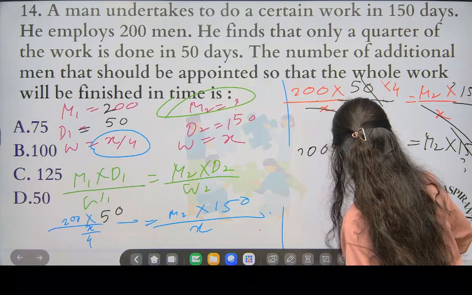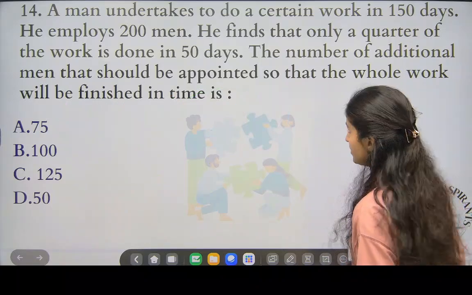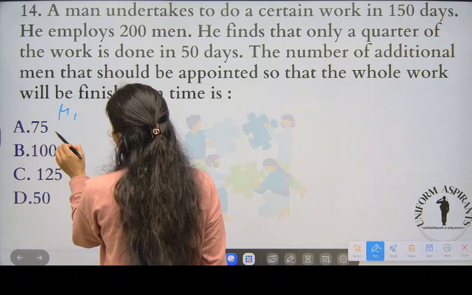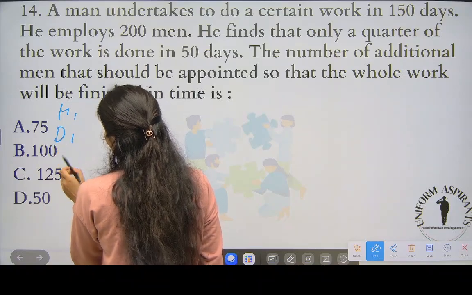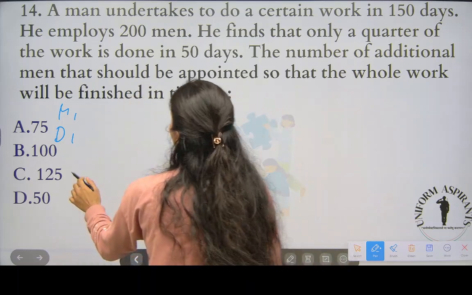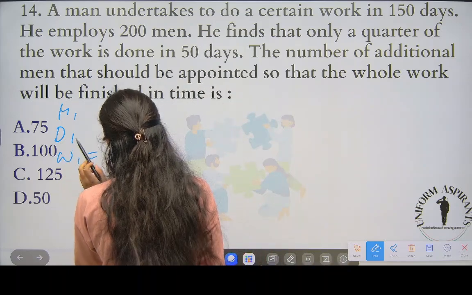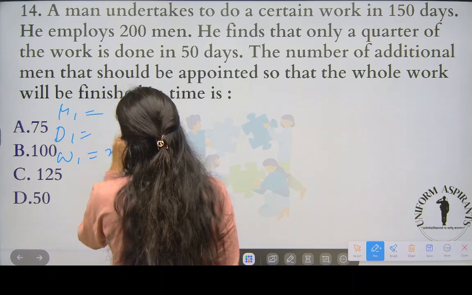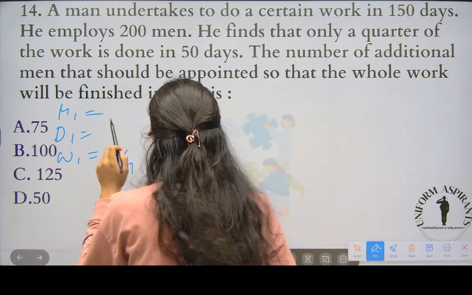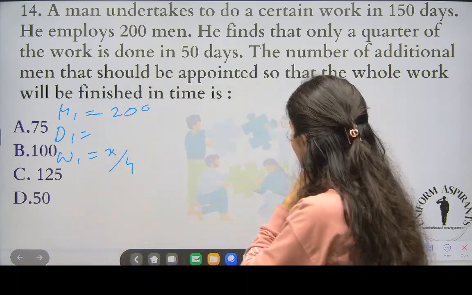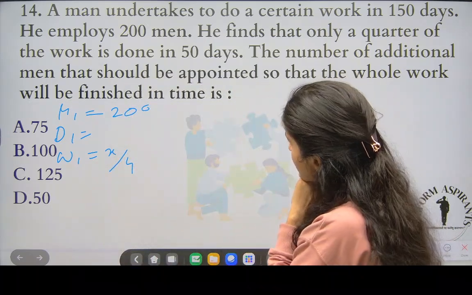Now see here, M1 again, then days again, and then work again. A quarter of work is done, means X by 4. How many men are there? 200 men. He employs 200 men. Then what is given? He finds that only a quarter of the work is done in 50 days.